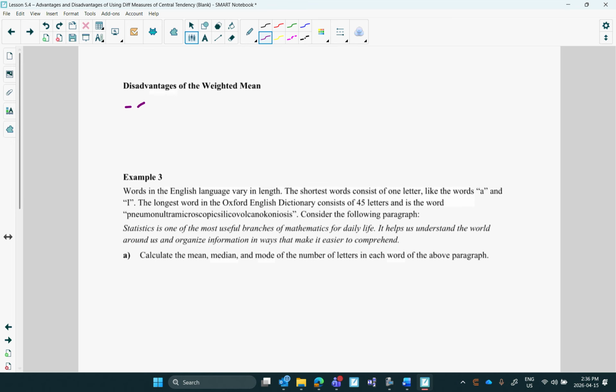Could be time consuming. It also can be misleading if random weights are used for the categories.